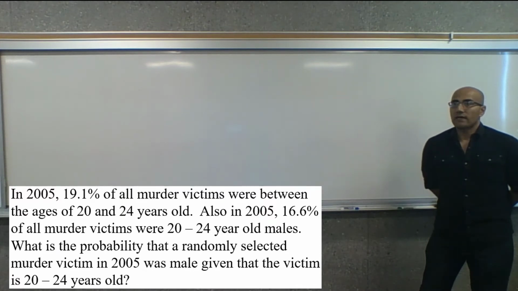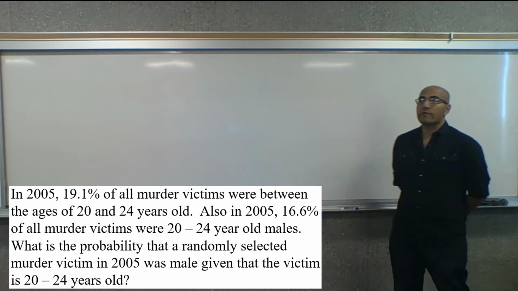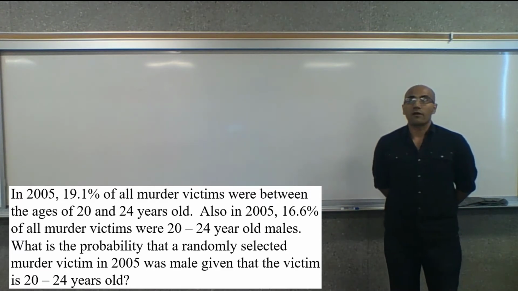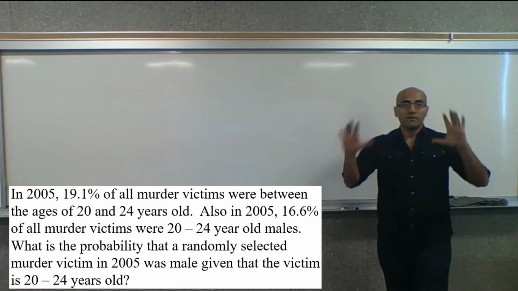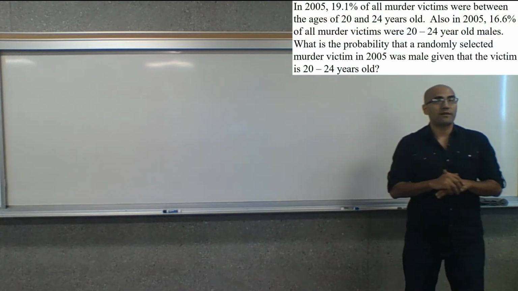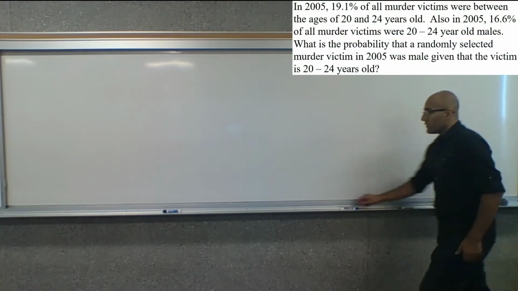Good. See how they get messy? There's no Venn diagrams here. There's no tables here. All they did is give us a messy word problem with a bunch of probabilities in it. So that's when we really have to rely on our equations, and know that they work.